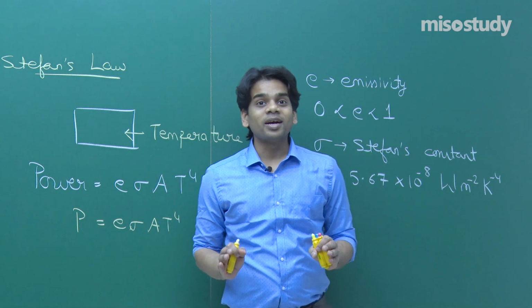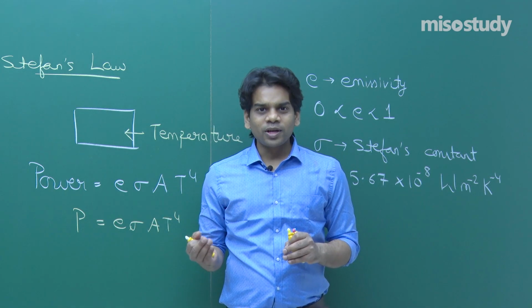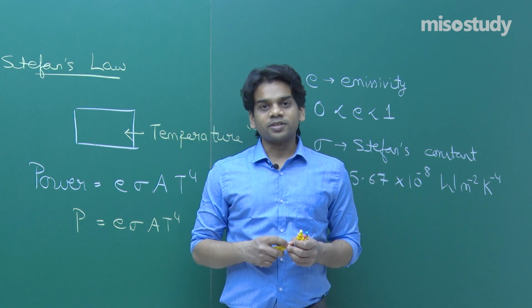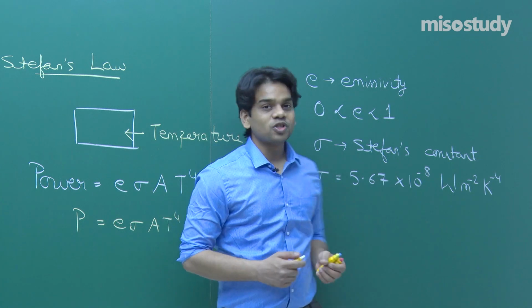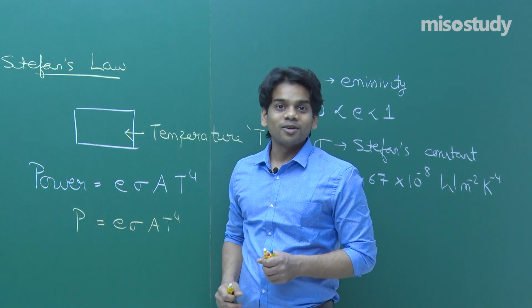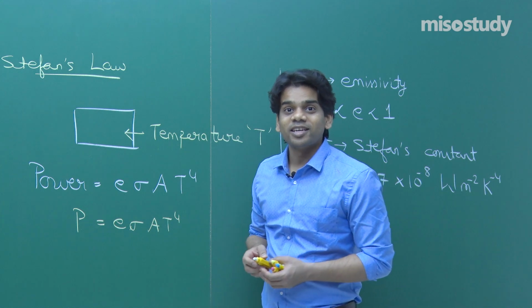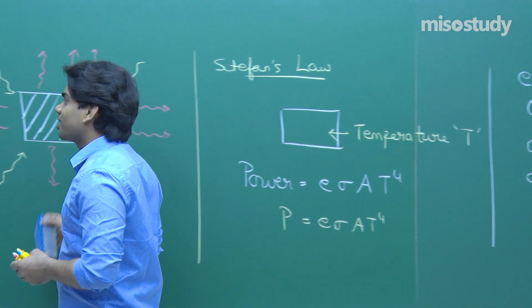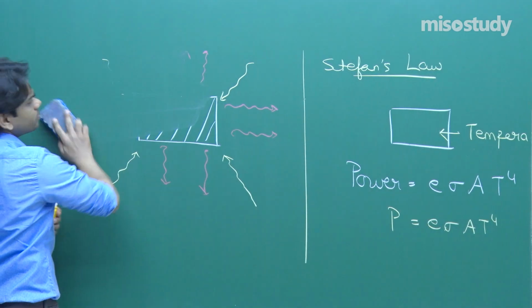It only describes the amount of energy that will be radiated out by the given object. So this was all about Stefan's law, and in this law we only come to know about the rate at which the energy is radiated by the body.